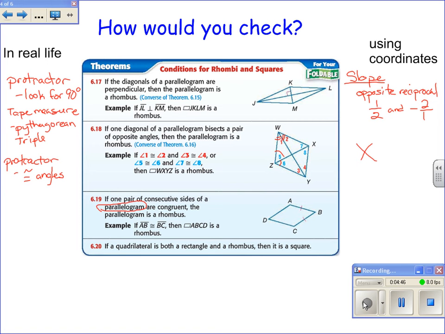But here, once you've established that you have a parallelogram, all you need to check is that 2 consecutive sides, in other words, 2 sides that are touching, have the same length. Well, in real life, if I want to check length, I use a tape measure. And what I'm looking for here are congruent lengths.